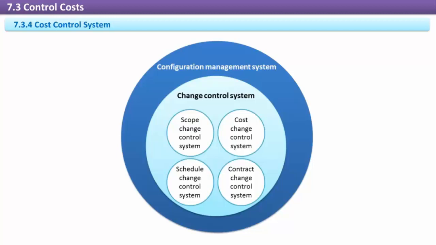Some projects will require a very extensive, detailed, and rigid system of change control, while others may not have a need for a cost control system that is distinct from the project change control system.